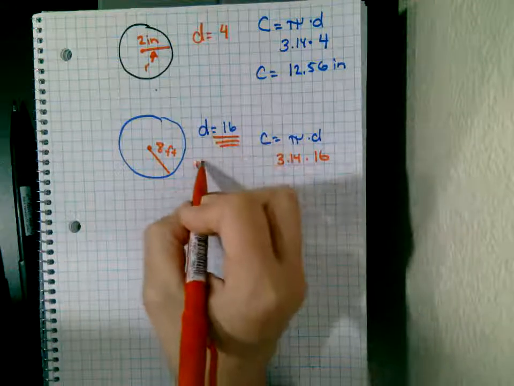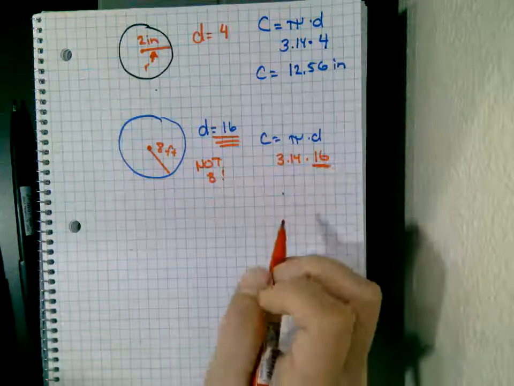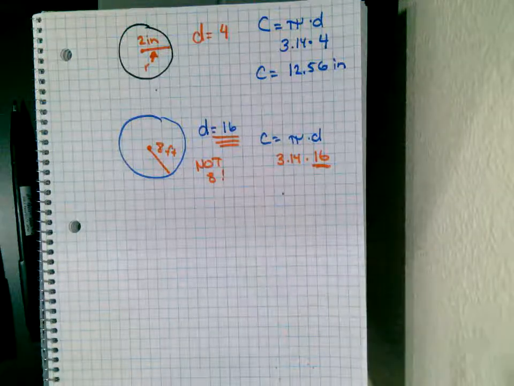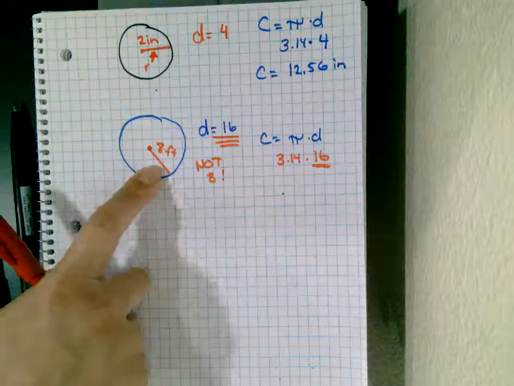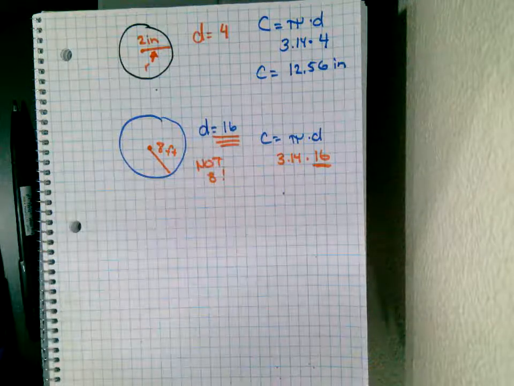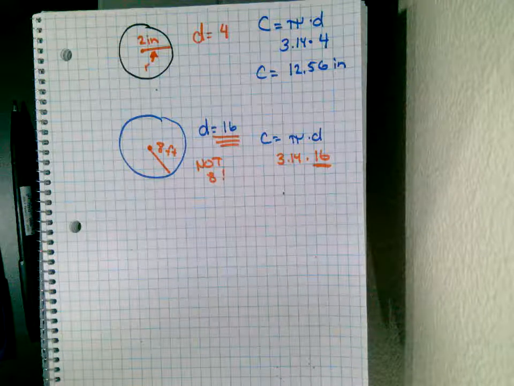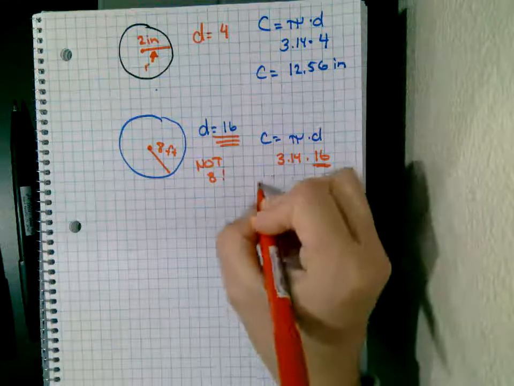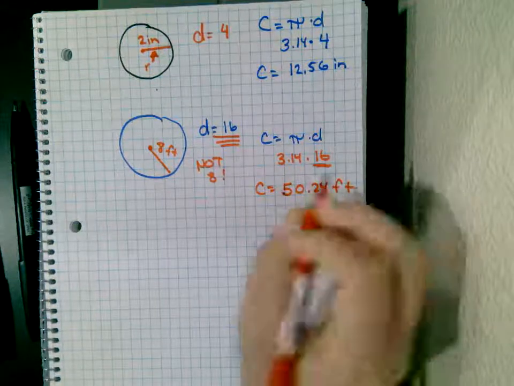This one, not 8. You got to use 16. That's the way to get this problem wrong, is to use 8. I got to figure out what the diameter is. Okay, so 3.14 times 16. And our circumference is equal to 50.24 feet.